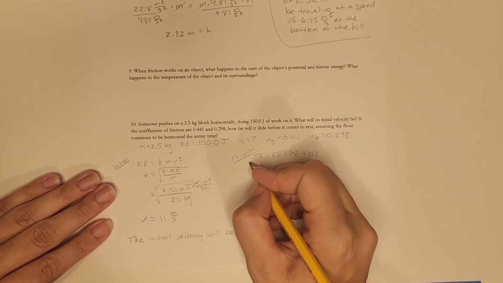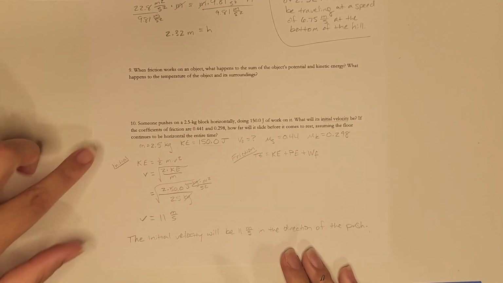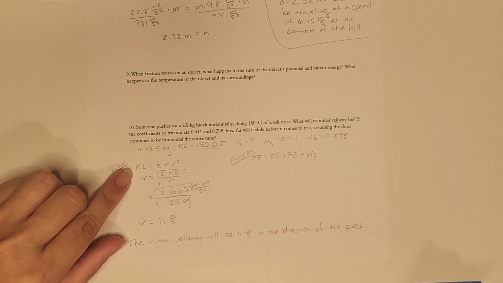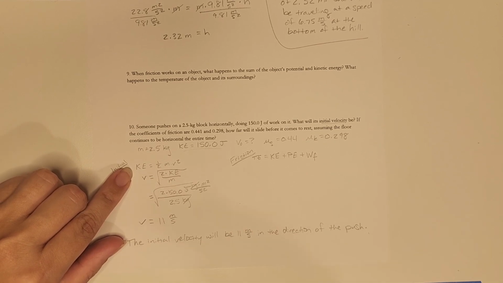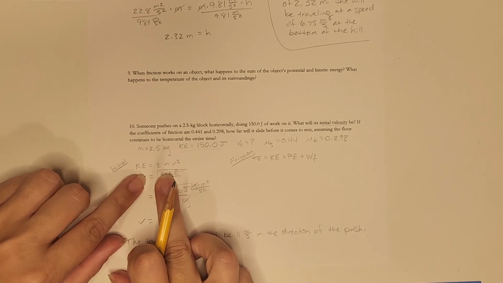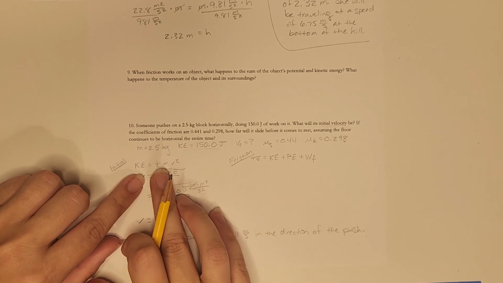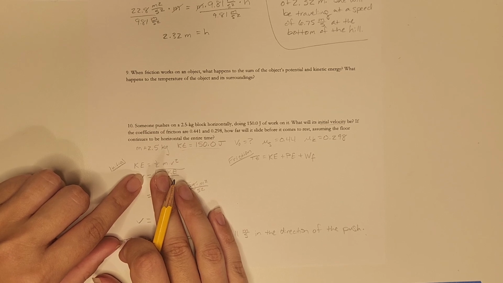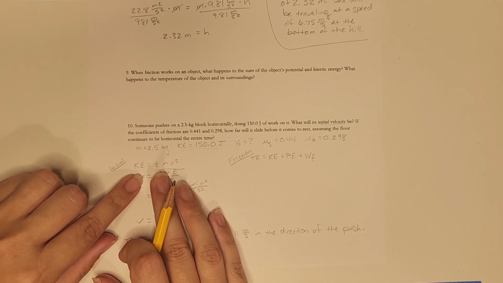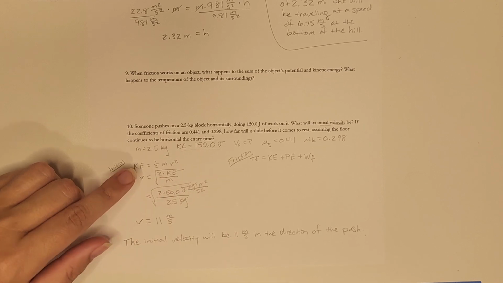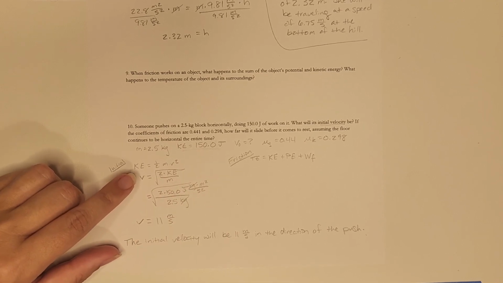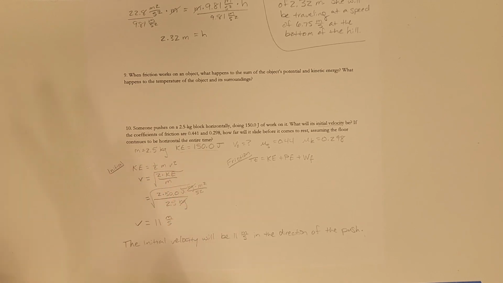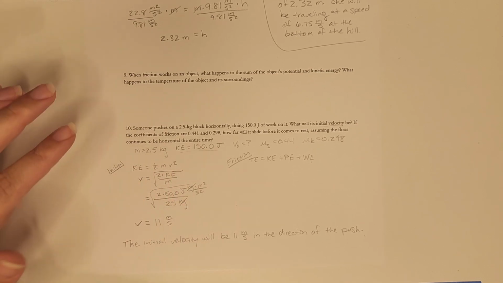So our total energy, this is our initial, and I could have written this one with total energy equals kinetic energy plus potential energy plus work from friction also, but the potential energy would have been 0 because we are on the floor, and the friction would have also been 0 because this is the initial push before we're allowing friction to come into play.